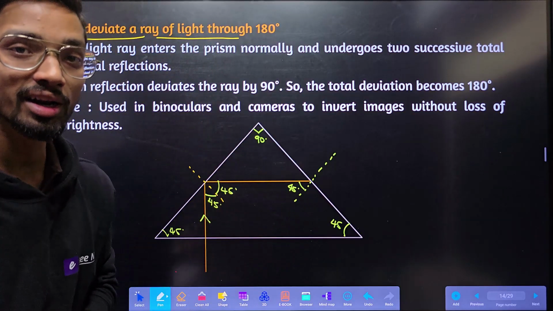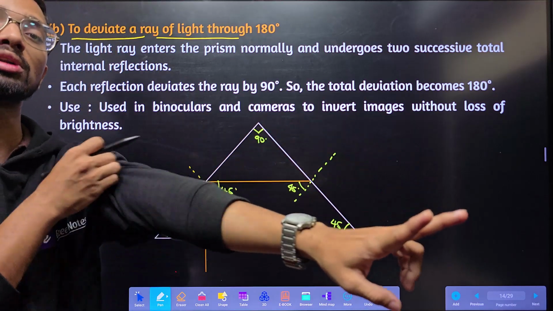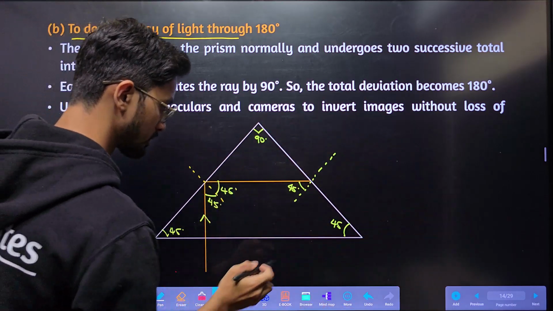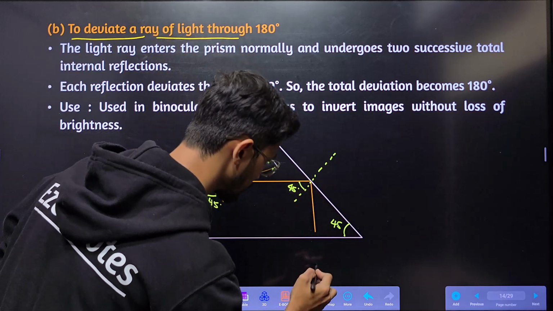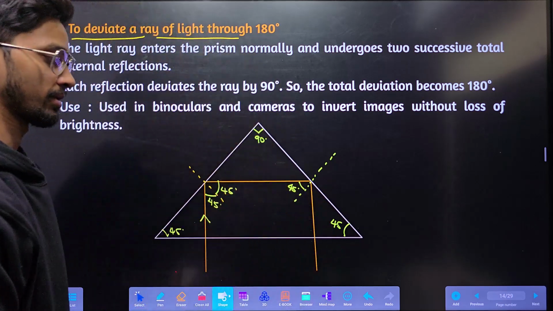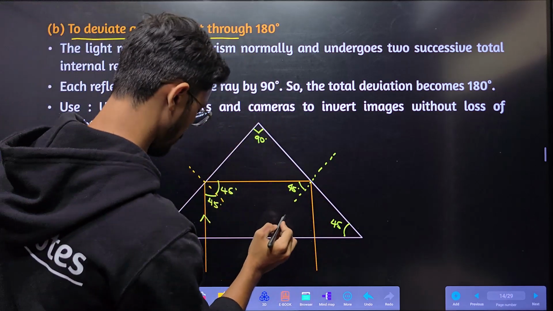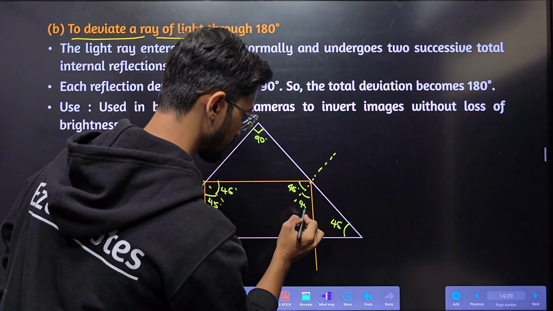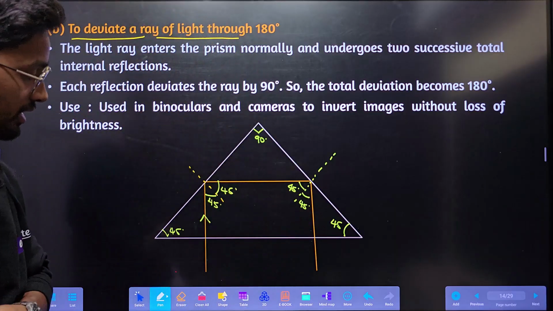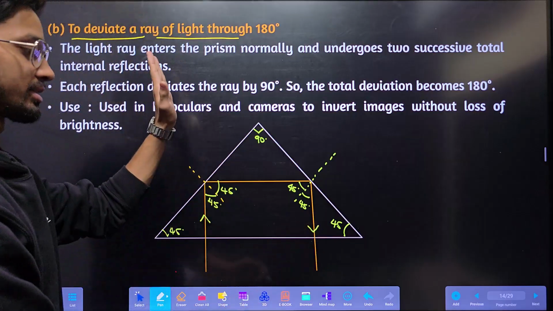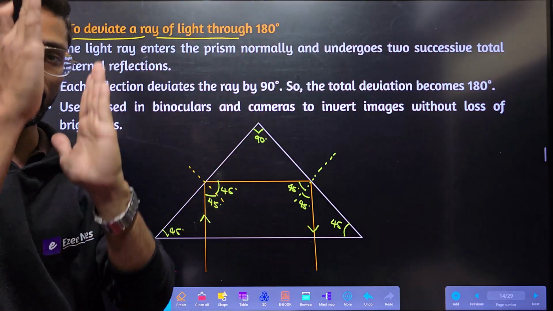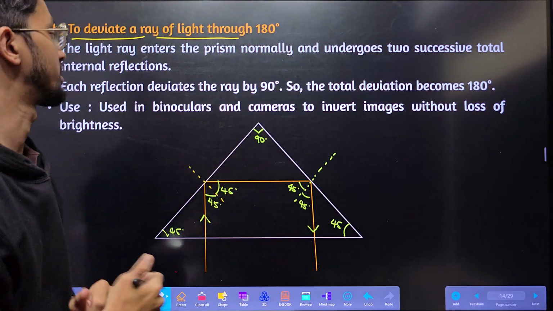Again, it will get totally internally reflected. That means 2 times there is a total internal reflection here. See here, like this, 45 degrees. So by how much angle? It started like this, it's coming back like this. By 180 degrees, the ray is deviated.